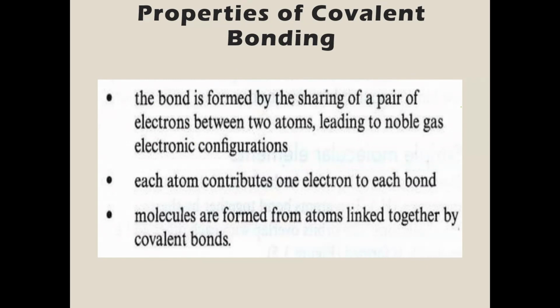Why? To reach the noble gas electronic configuration, which is the stable state of the atom. Each atom contributes 1 electron to each bond, 1 electron from each atom. And the molecules are formed from atoms linked together by covalent bonds.